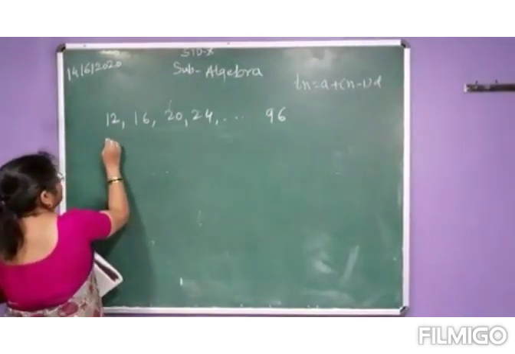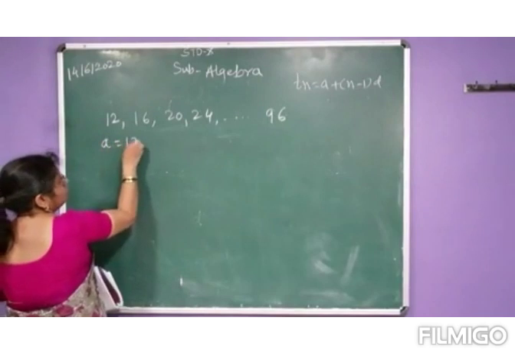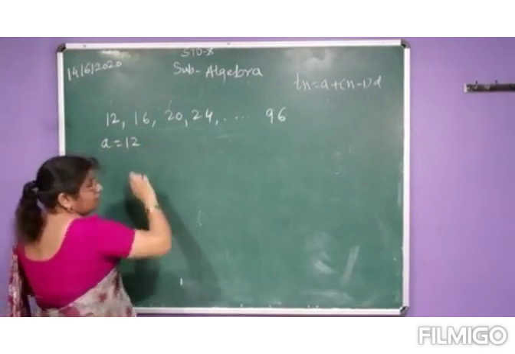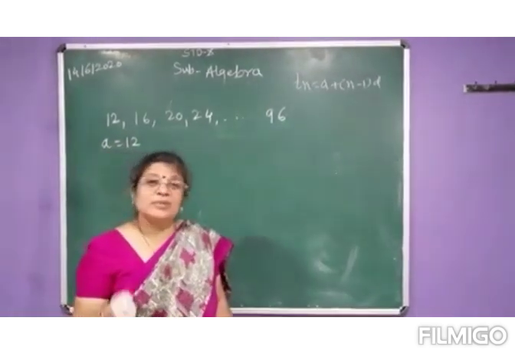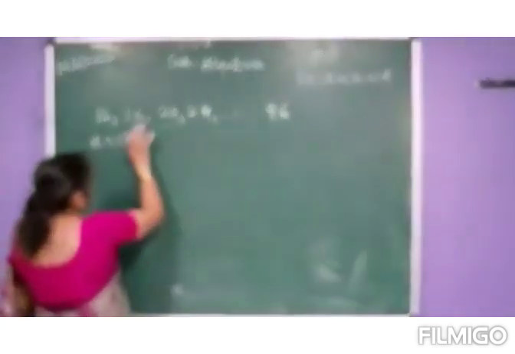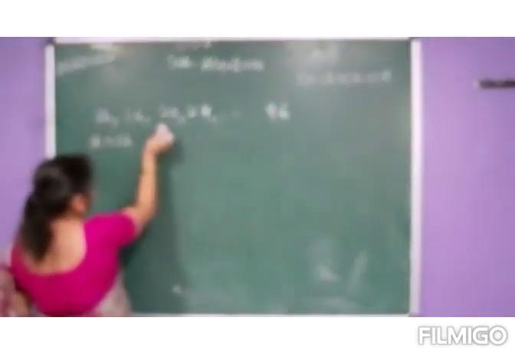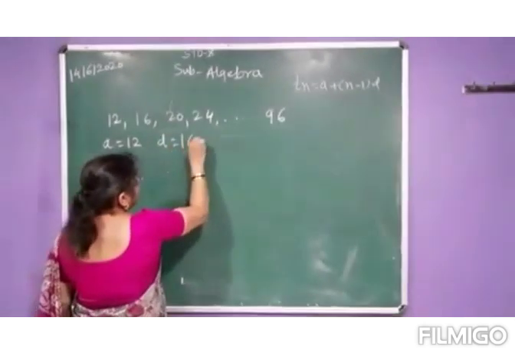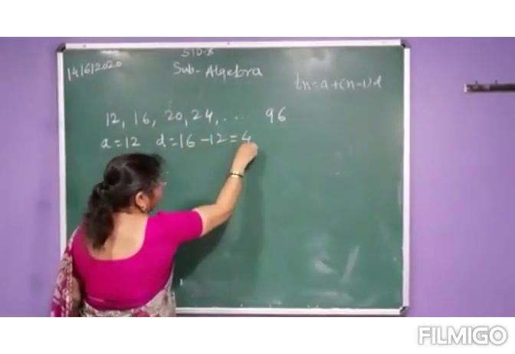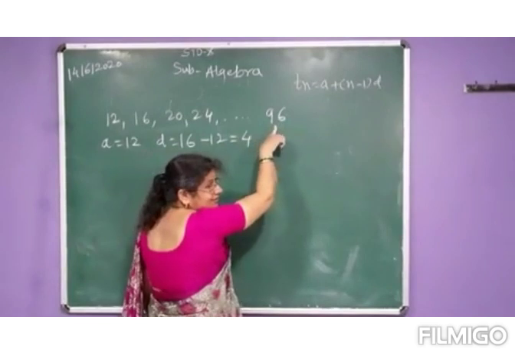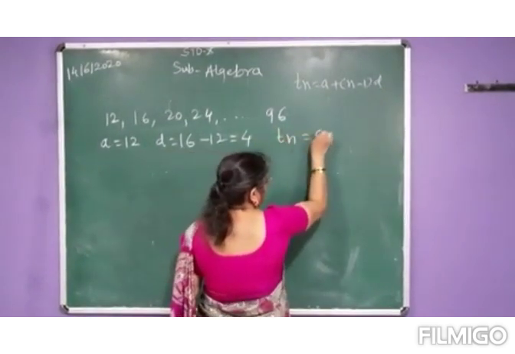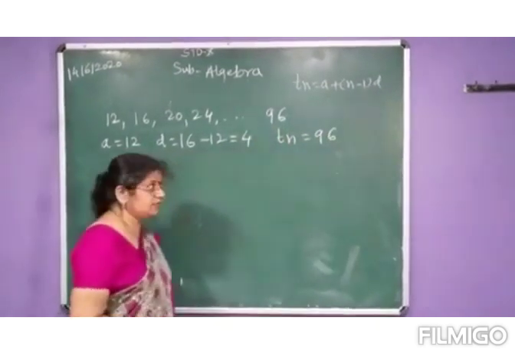So here A is equal to 12. Now D: it is divisible by 4, that means D is 4. But still you can find out: 16 minus 12, so D is 4. And this 96 is the nth term of this sequence, correct?